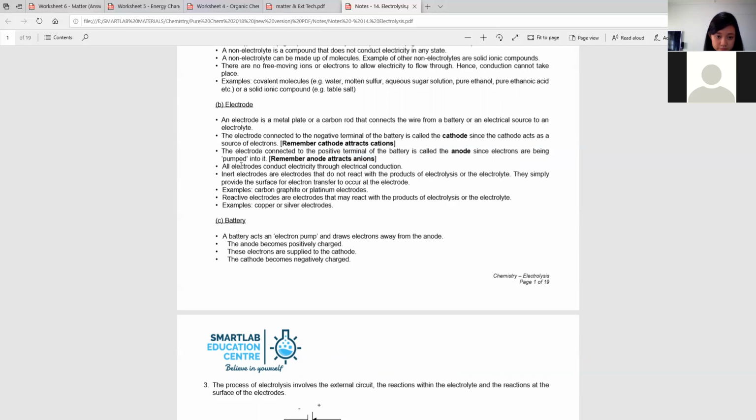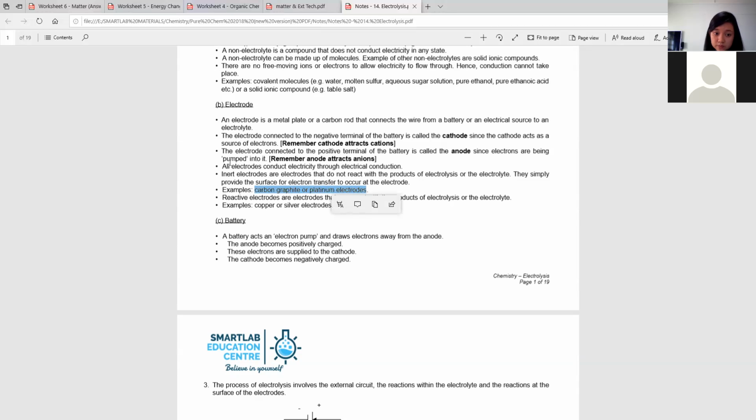Okay, so the electrodes will conduct electricity through electrical conduction. If the electrode is inert, inert means it's not reactive. So it will just be a plate. It will not even take part in a reaction. It's just the surface for the electricity to flow. Usually inert electrodes are carbon, graphite or platinum.